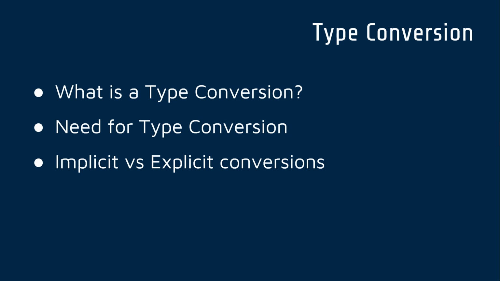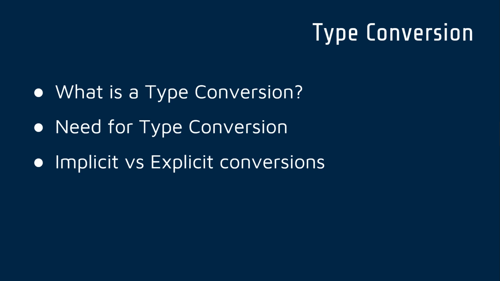Explicit type conversion is the exact opposite of implicit type conversion. Here the user has to specifically instruct Python about what kind of conversion the user is looking for.